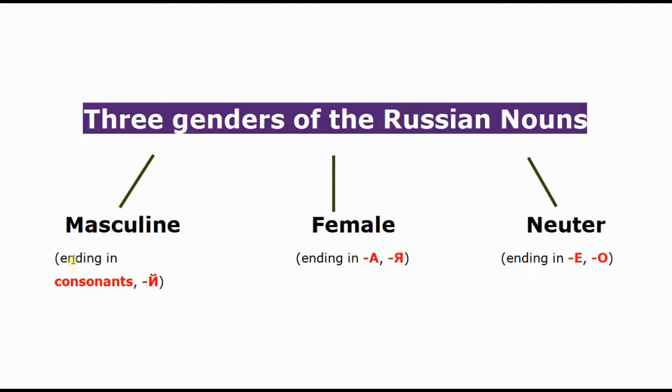These genders can be established by the noun's ending: masculine gender nouns end in consonants and the letter Y, feminine gender nouns end in the vowels A and Ya, and neuter gender nouns end in the vowels E and O.